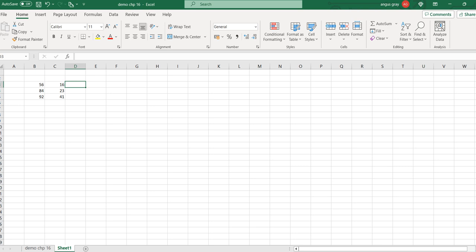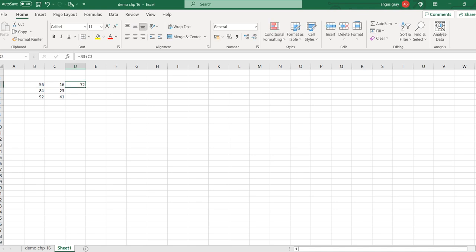Functions and formulas both start with an equal sign, and I click on my cell, and as I said, that is the cell reference. It's B3, and I can either plus, minus, divide, or times. And please keep in mind BODMAS, brackets, division, multiplication, addition, subtraction. So B3 plus C3, and I get 72.